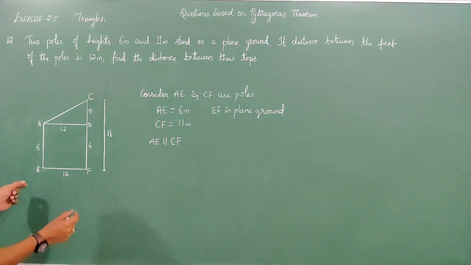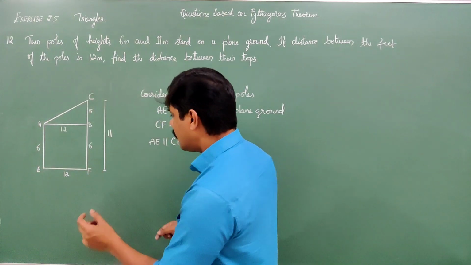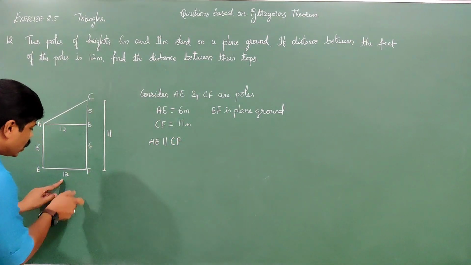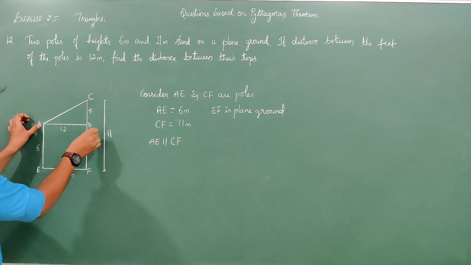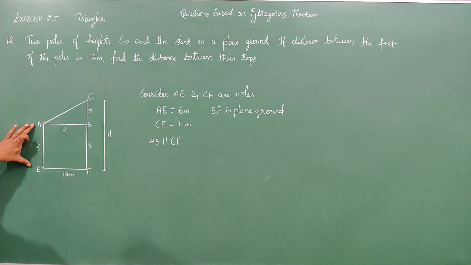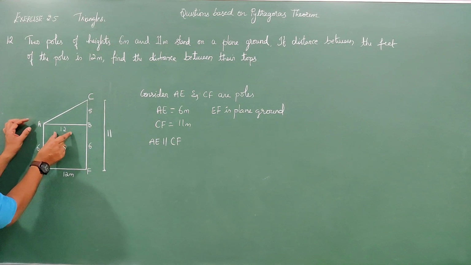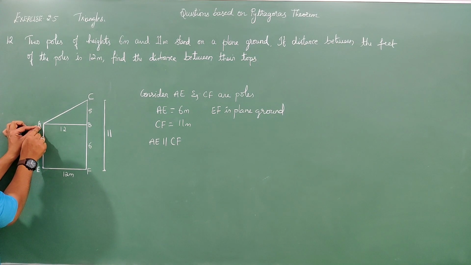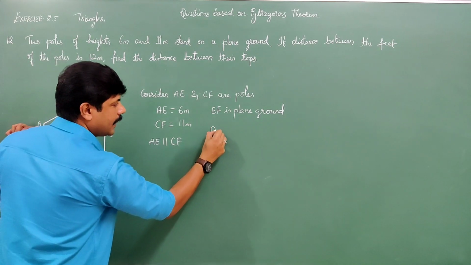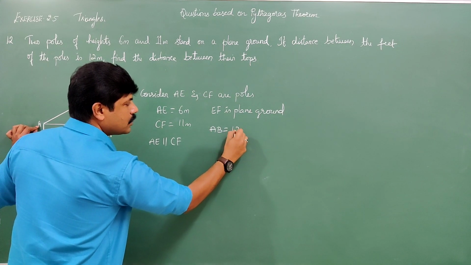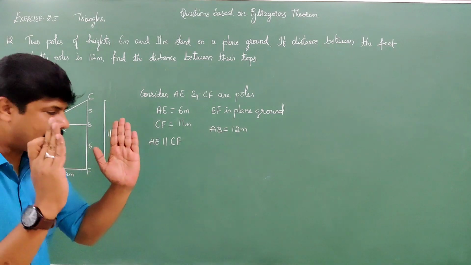If the distance between their feet is 12 meter, then the distance at the height of pole AE is also 12 meter. That means the distance between A and B will be 12 itself. AB is also equal to 12 meter because they are standing parallel.